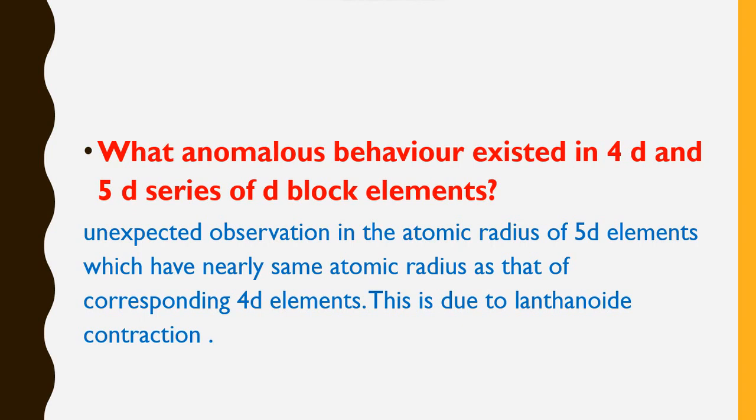That's why the protons attract the outermost electron maximally. So the nuclear charge increases. Nuclear charge increases means size automatically decreases. That's why the 5D and 4D series of D block elements have the same atomic radius. This is an important 3-mark question.